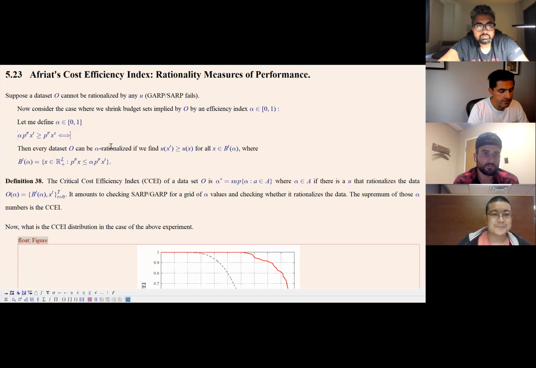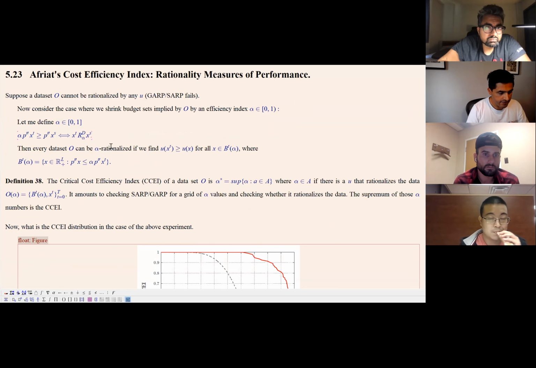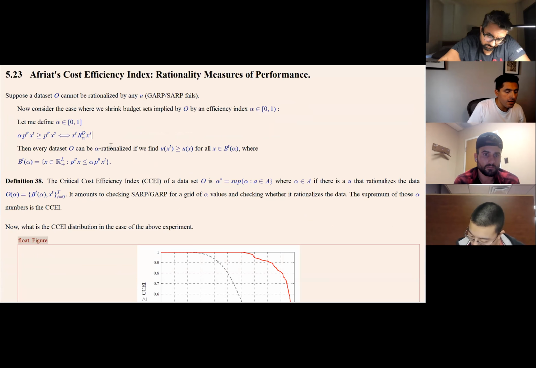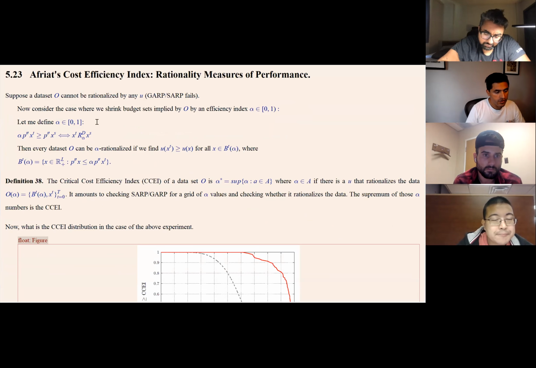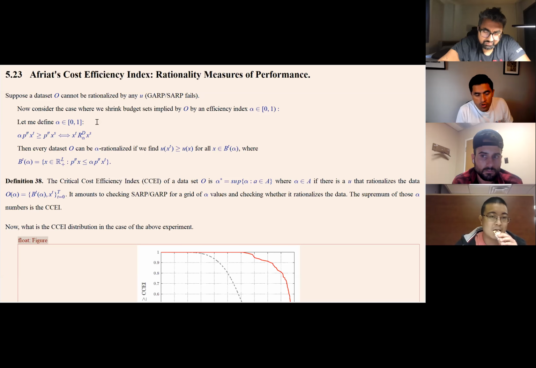Okay, and this is basically how I'm going to define the new revealed preference relation called R alpha. Xt directly is preferred to xs. Everyone gets this definition? So basically I'm going to fix an alpha. For instance, fix alpha equal to 1.